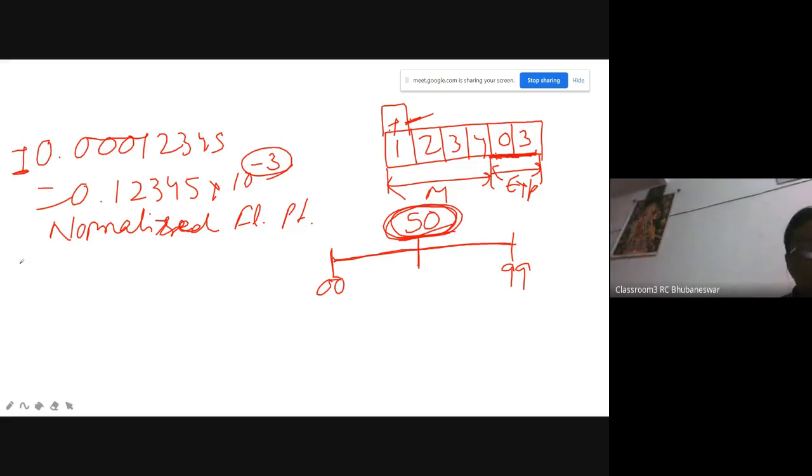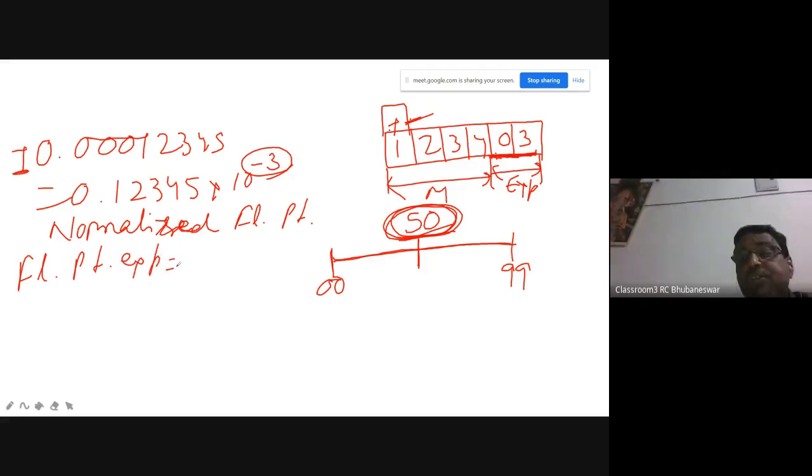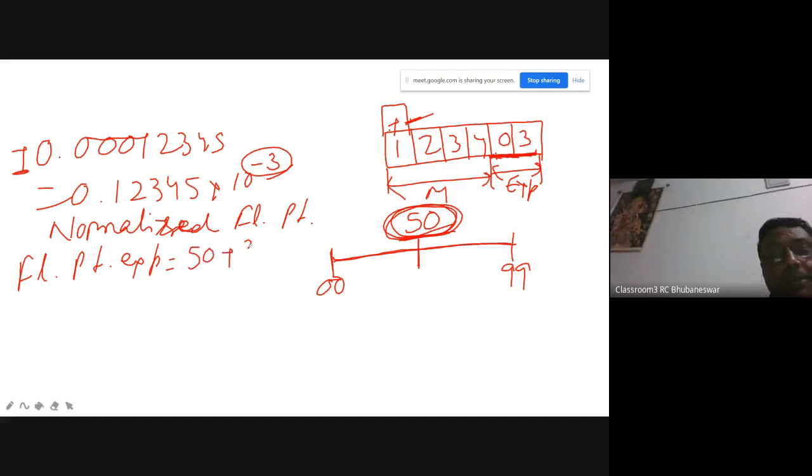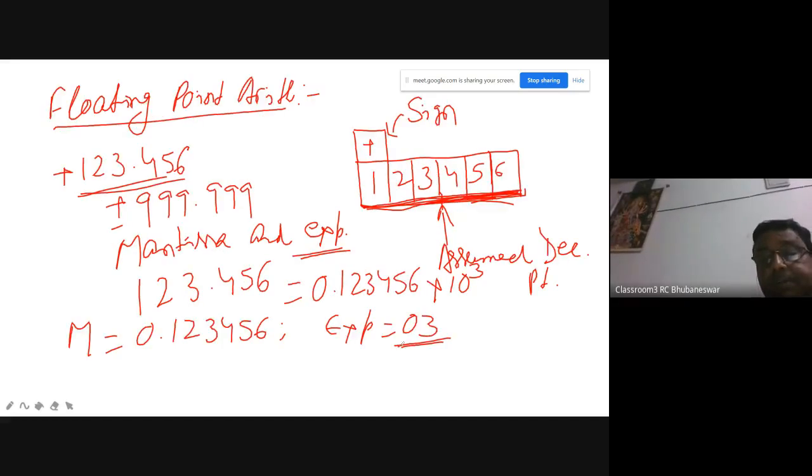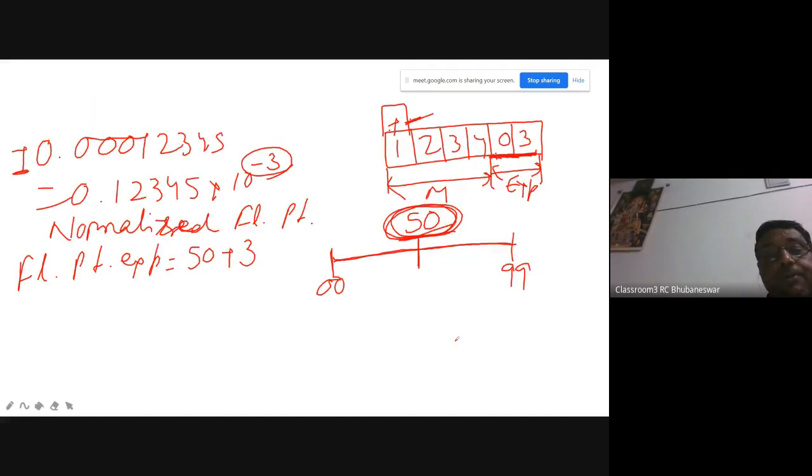Then this is called the floating point exponent. What is the floating point exponent? The actual exponent will be added with 50. So 50 plus 3, because the previous case is 3, your answer will be coming up as 53. If it is minus 3, 50 plus minus 3 is equal to 47.